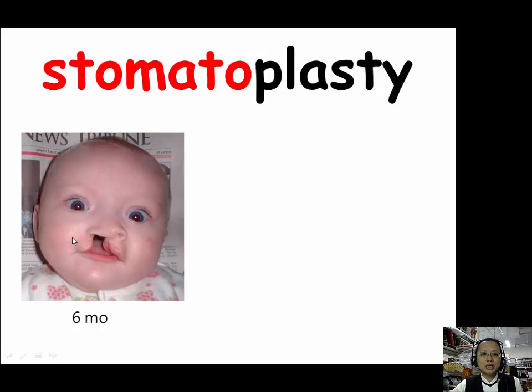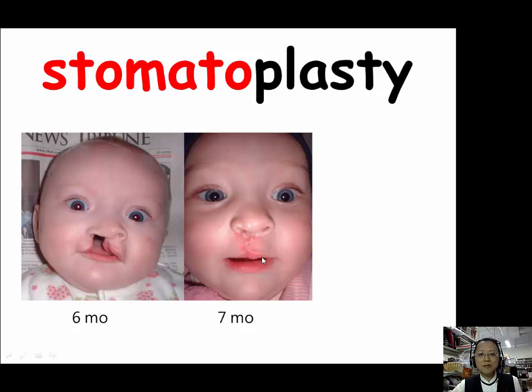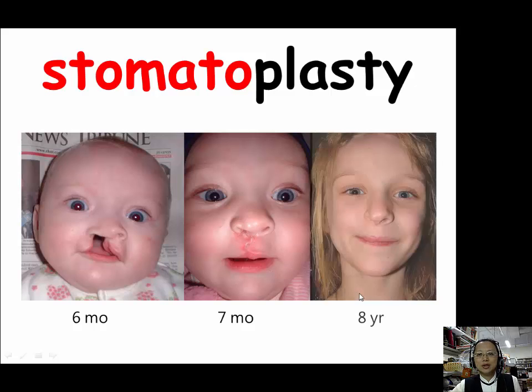Like this baby, when she's 6 months old, she has a really severe stomoschisis, but they operate on her when she's 7 months old, and when she grows to 8 years old, you can hardly see the scar that was left after her operation. So this is called stomatoplasty.